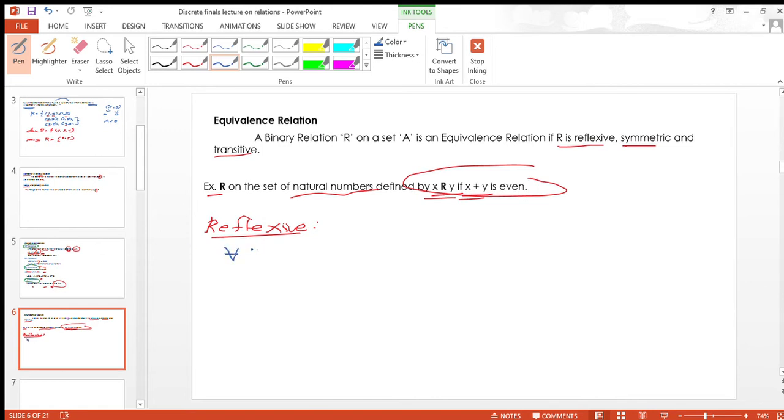For all X as an element of the set of natural numbers, X R X must be satisfied. That is, this implies that X plus X must be even. So this is for all natural numbers.